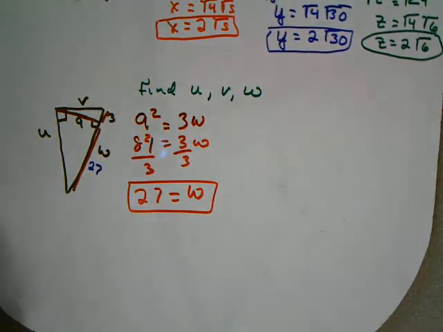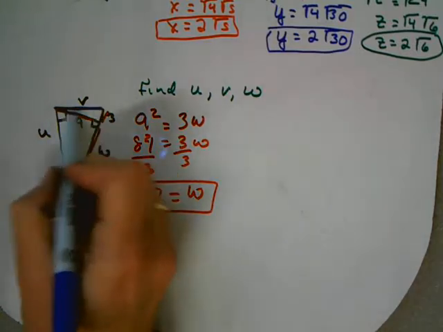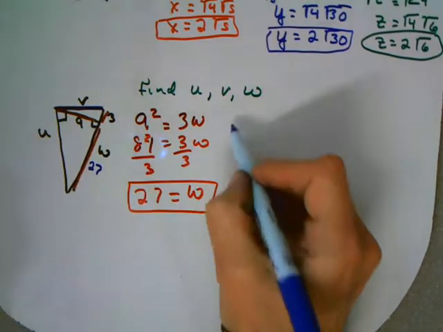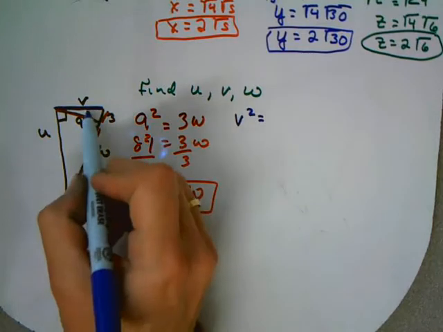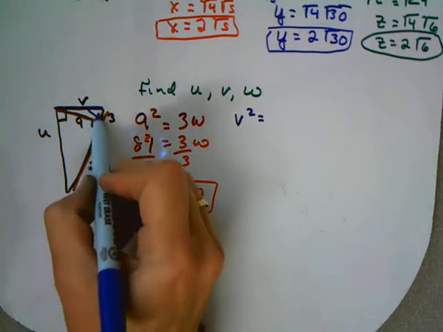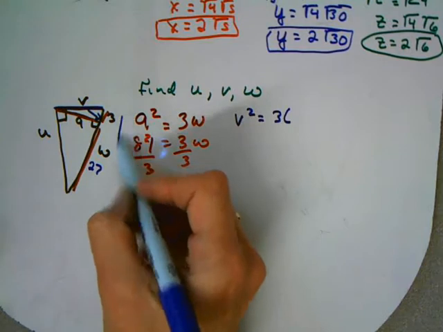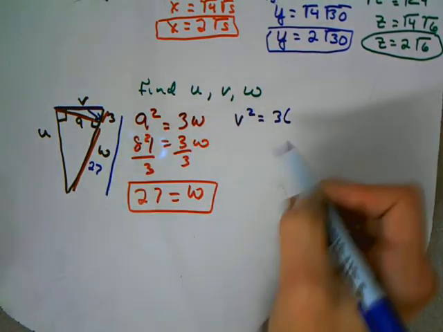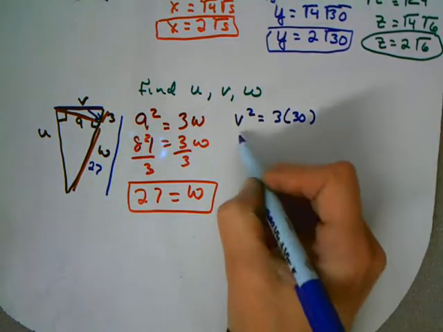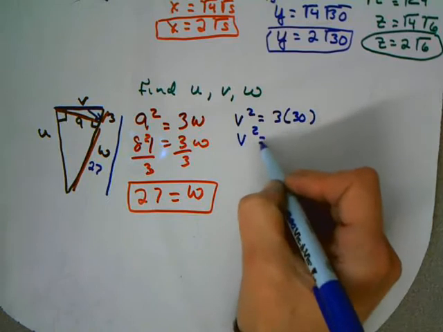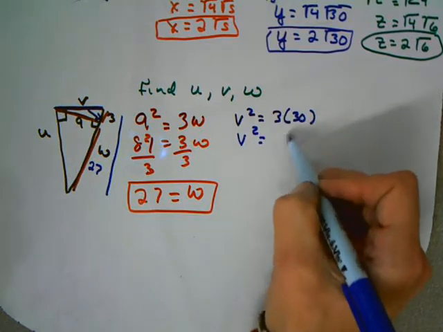I'm going to have to put that here because we're going to need that as we find the rest. Now if I want to find V, this length here, V squared equals the little piece across from it, 3, times the entire length, 3 plus 27, so that's 30. That gives me V squared equal to 3 times 30 is 90.